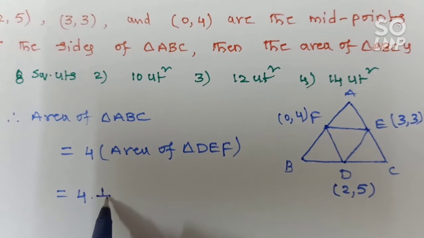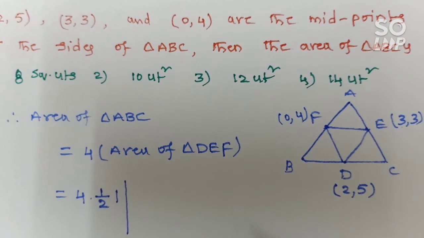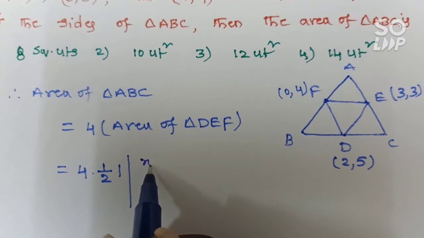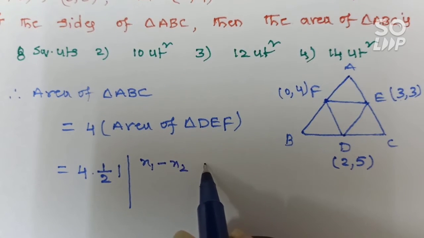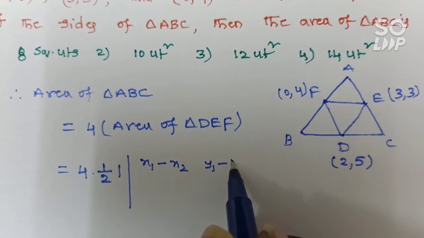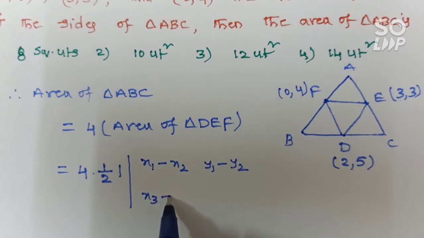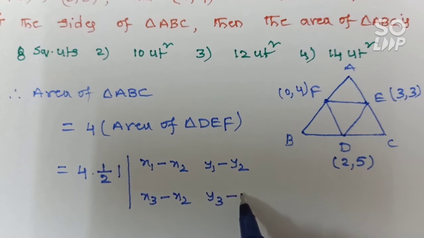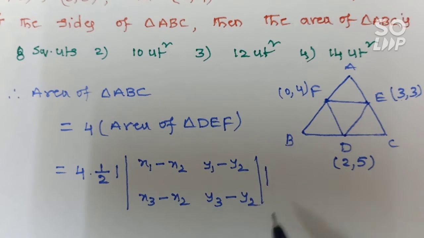The area of the triangle is half times the modulus of the determinant of this matrix: x1 minus x2, y1 minus y2, and next x3 minus x2, y3 minus y2. This is the formula to find the area of the triangle.